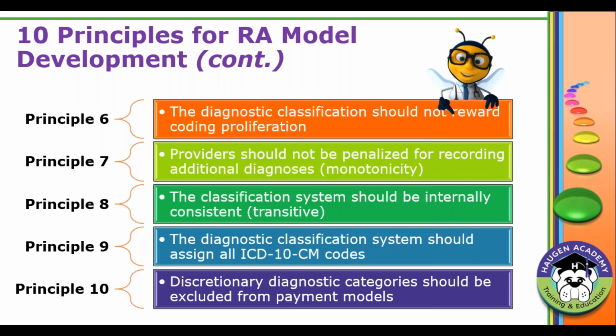So diagnoses that are particularly subject to intentional or unintentional discretionary coding variation or inappropriate coding by health plans and providers, or not clinically or empirically credible as cost predictors, are not going to be used to predict costs.